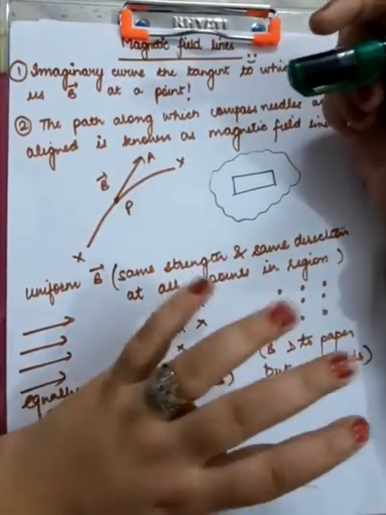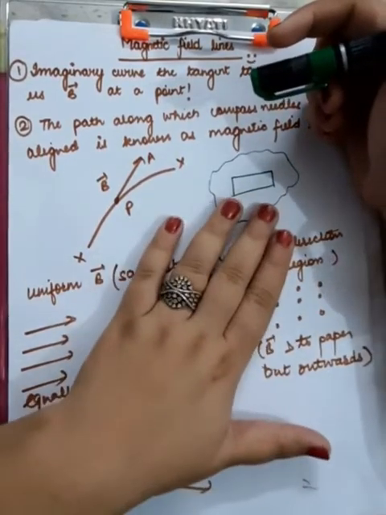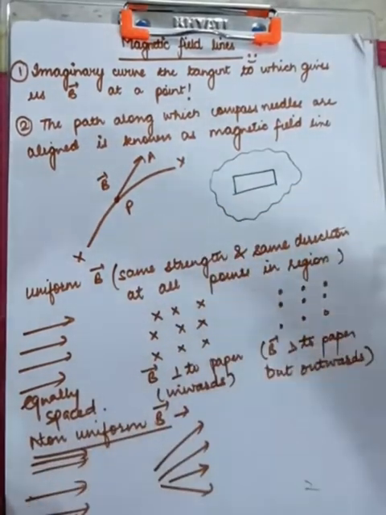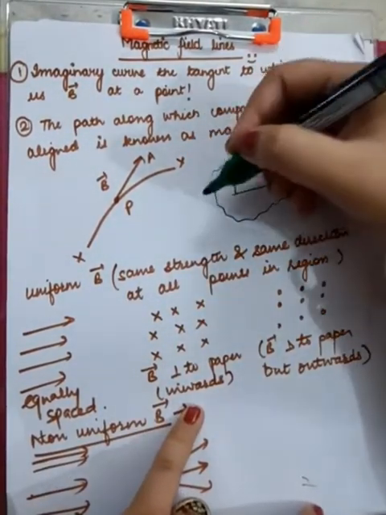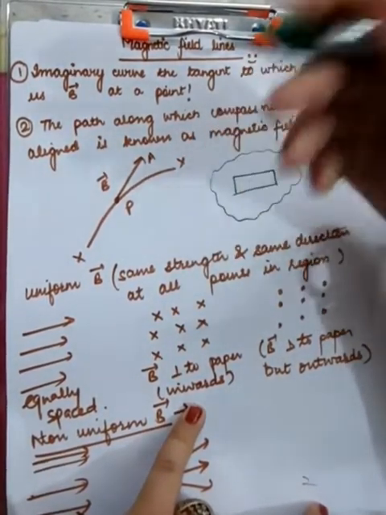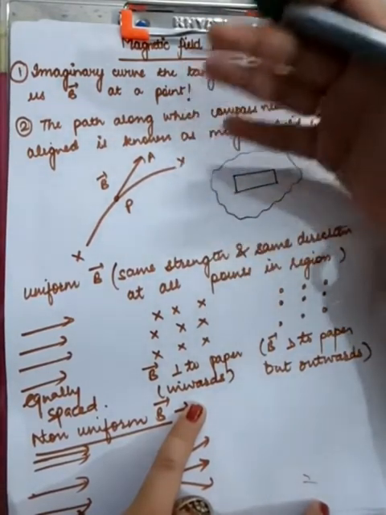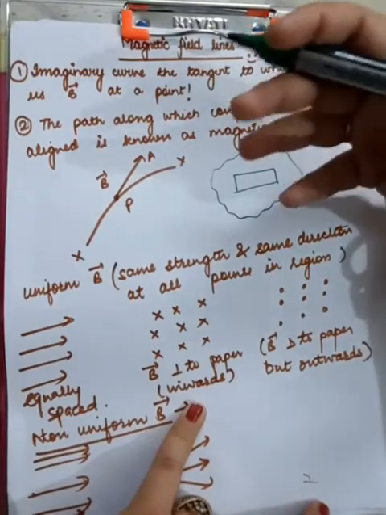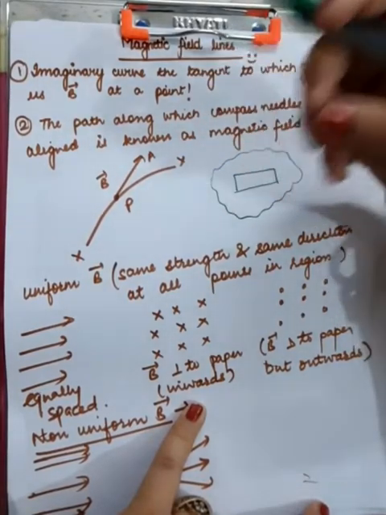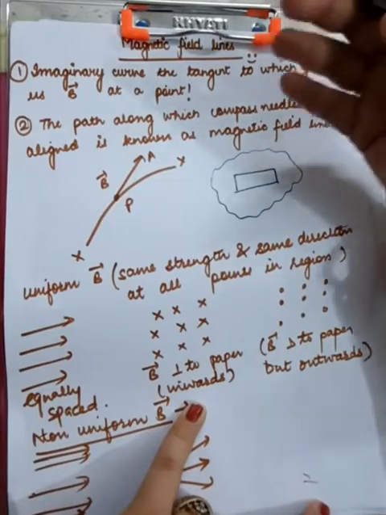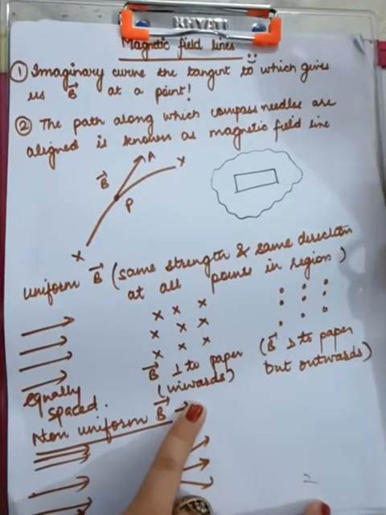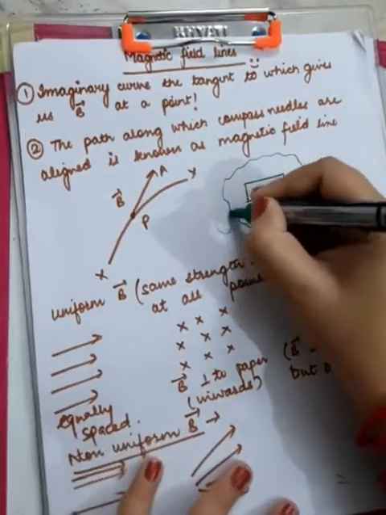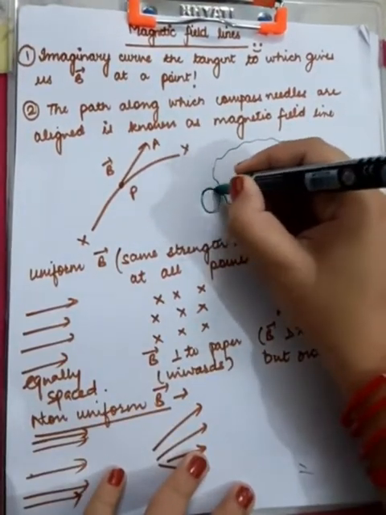if you have a magnet somewhere and you keep a magnetic compass needle somewhere, the direction of the magnetic compass needle will give you the magnetic field lines also. Basically, magnetic compass needles align along a path, and that path is known as a magnetic field line. Like, this is a magnet, this is a magnetic compass needle.